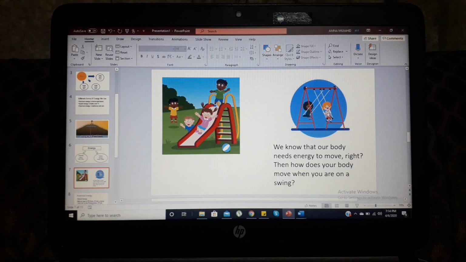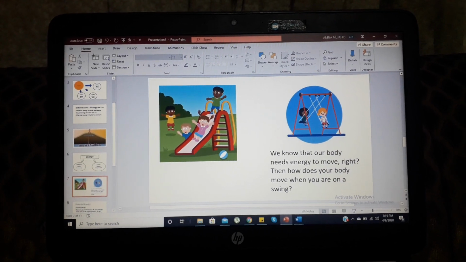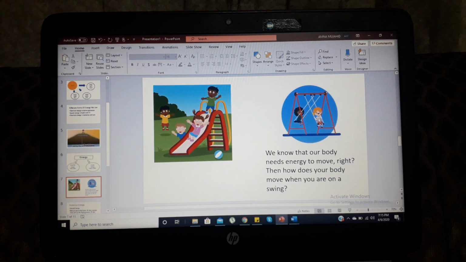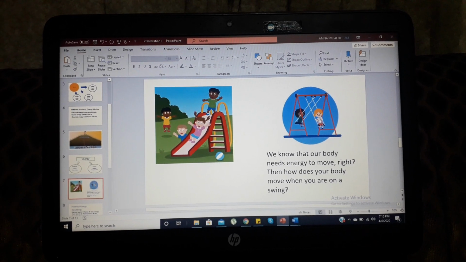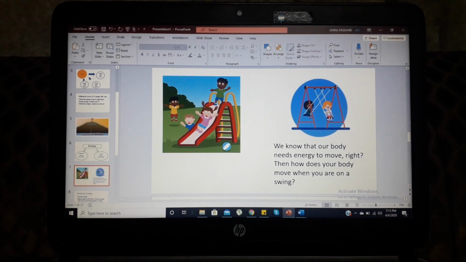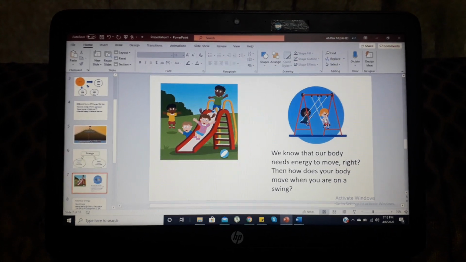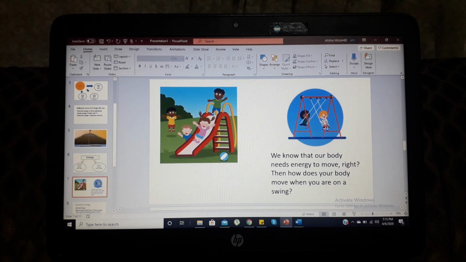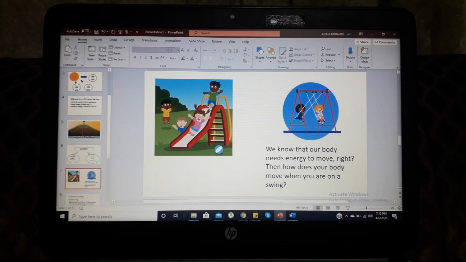When your parents or anyone pulled you backwards, energy began to store inside your body. And that energy is called potential energy. And when your body began to move, the potential energy changed into kinetic energy, which is the energy of motion.